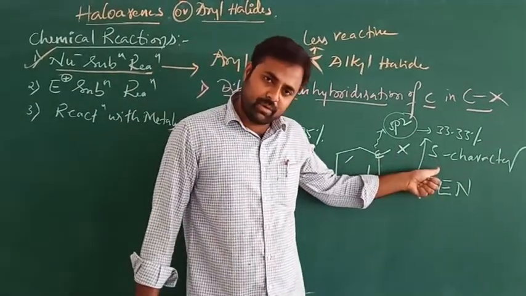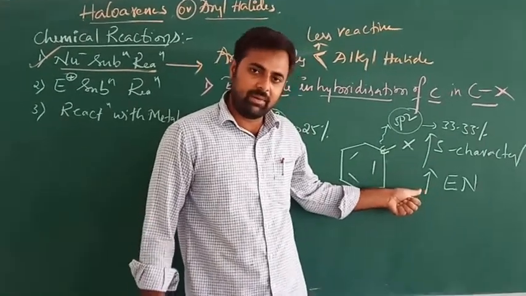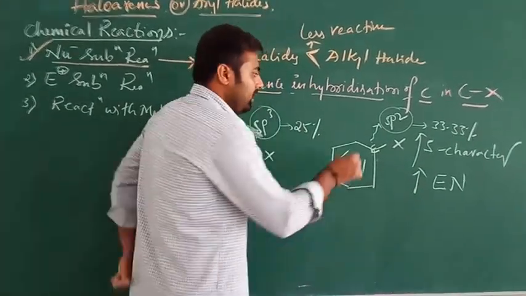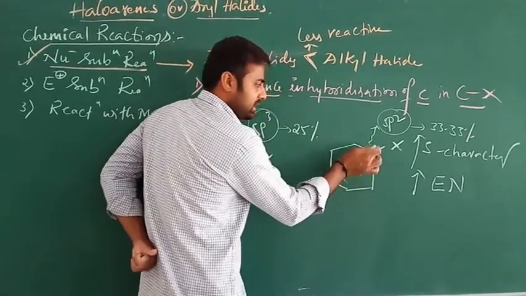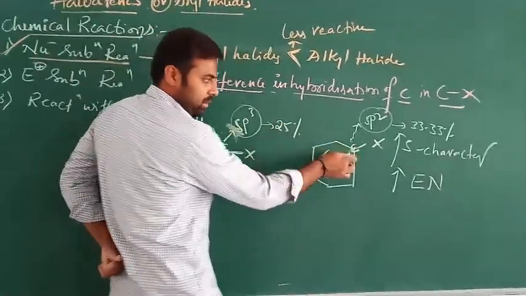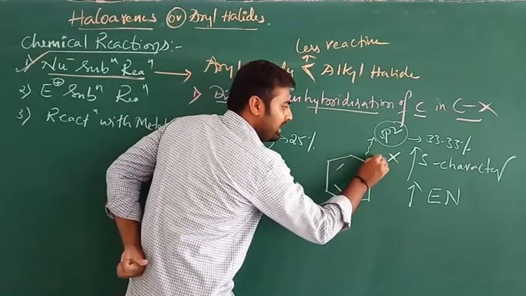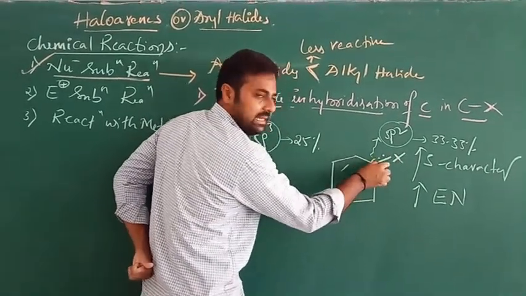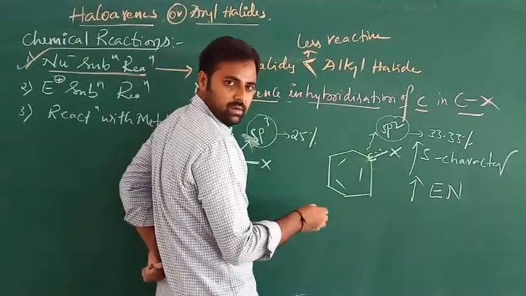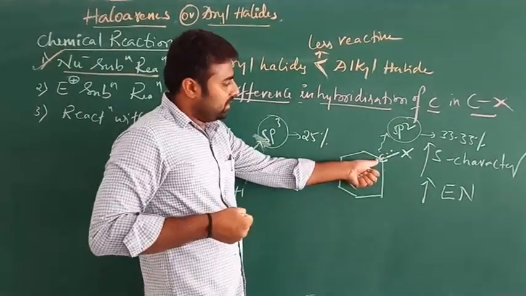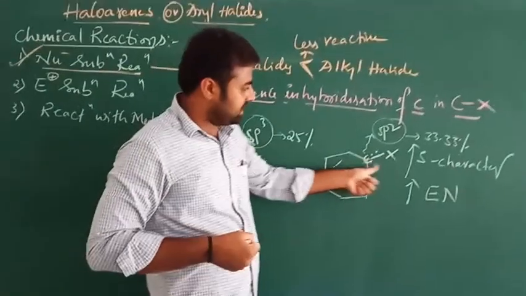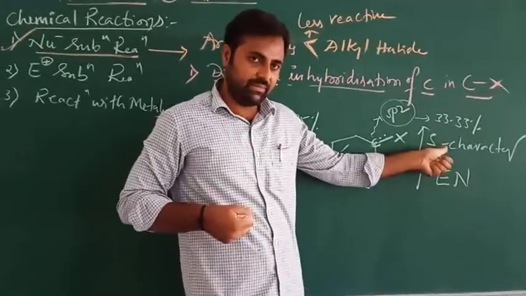When s character is more, obviously electronegativity of the carbon atom increases. Then what will happen? The electronegativity of this carbon when compared to this carbon is more. That's why the pair of electrons present in the C-H bond is tightly held by this carbon due to its more percentage of s character.